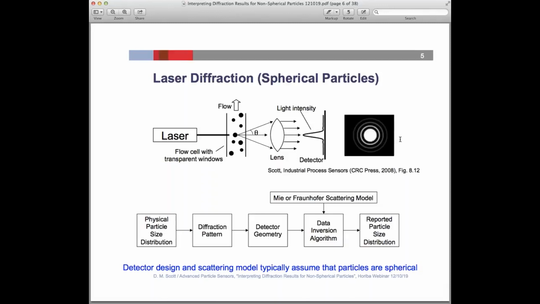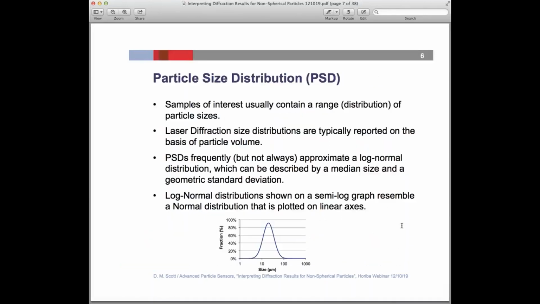That's the actual pattern. But then we're sampling it in various places with the detector geometry. We take that information and run it through a data inversion algorithm. The algorithm is based either on Fraunhofer scattering or Mie scattering model. And then finally, report a particle size distribution. So that's the way things normally work.